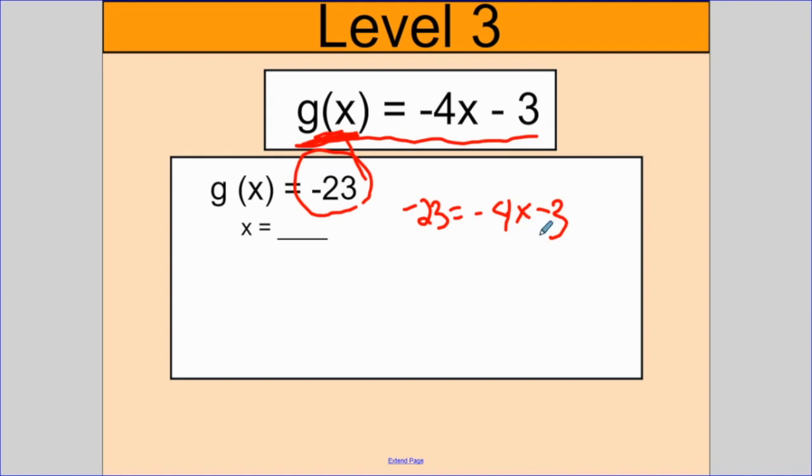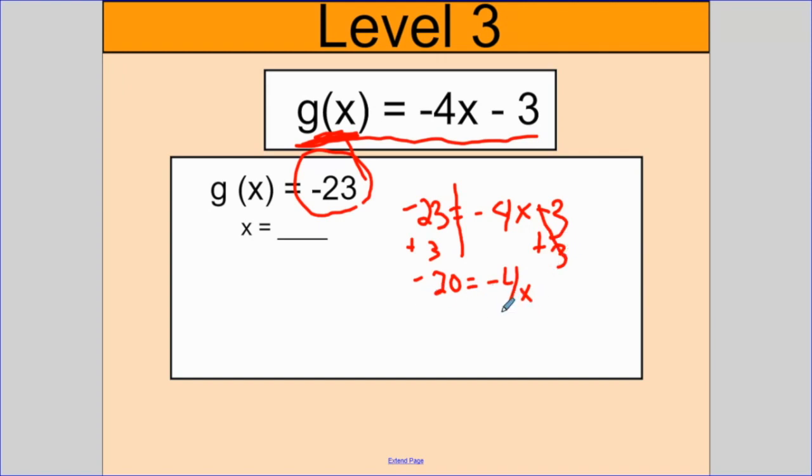And we're going to add 3 to both sides. Add 3 over here. Negative 23 plus 3 is negative 20. And that is equal to negative 4x, because our negative 3 plus 3 cancels.